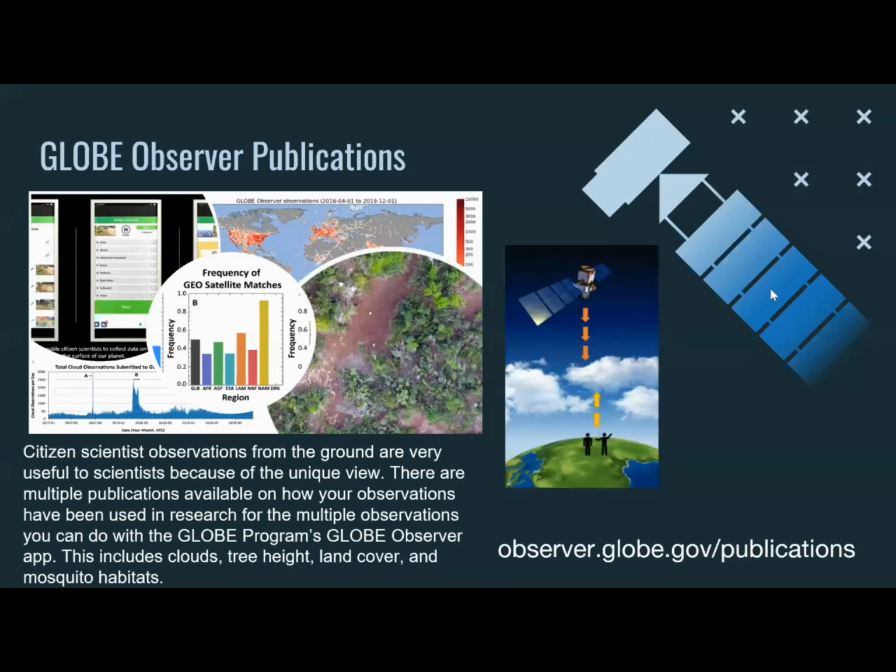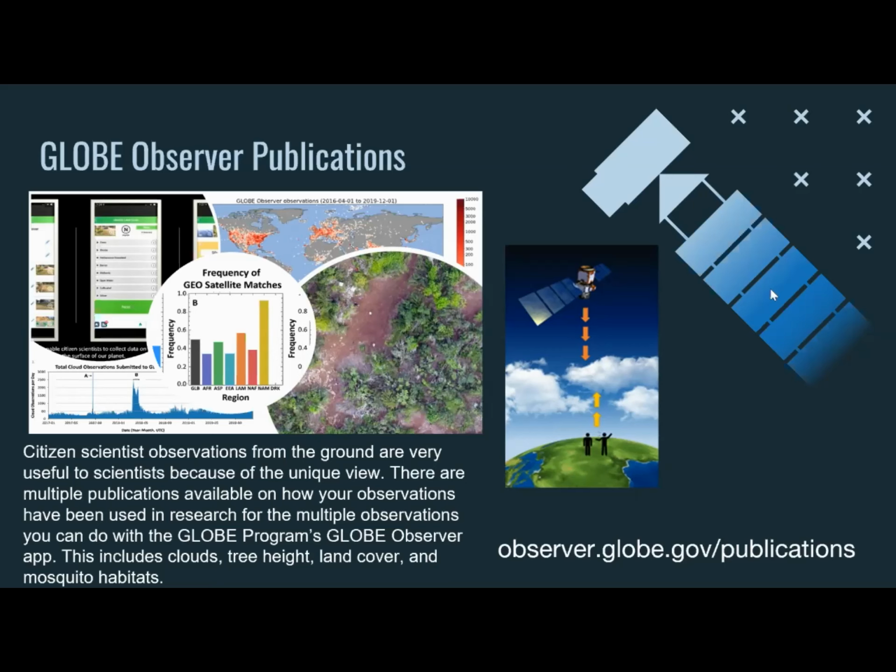So, GLOBE observation publications. Citizen scientists' observations from the ground are very useful to scientists because of their unique view. As Jessica showed you, you can get a unique view of where you're looking up at the sky.